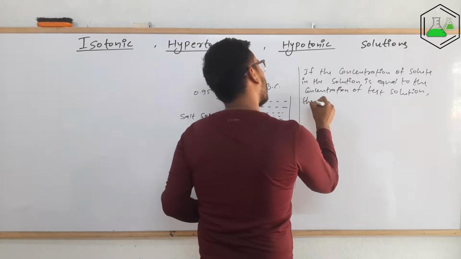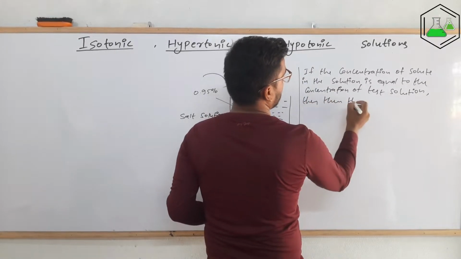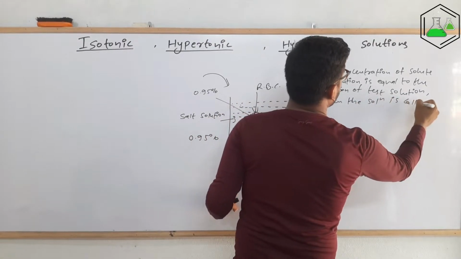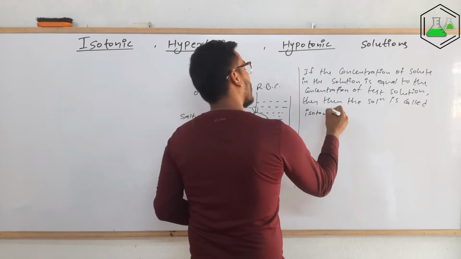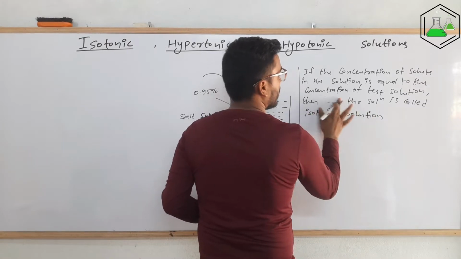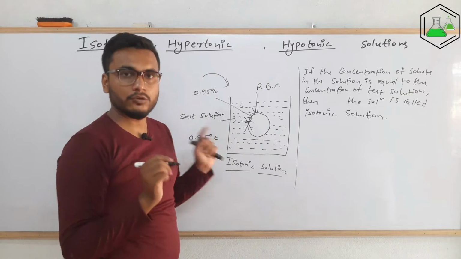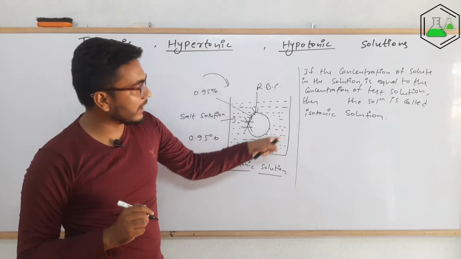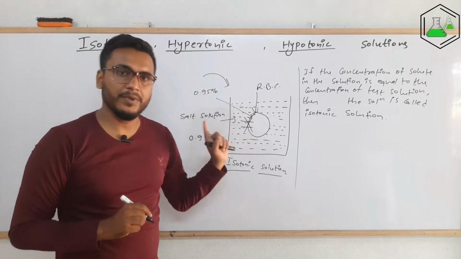then the solution is called an isotonic solution. The reason for that is the concentration of this outside solution is equal to the inside concentration of the RBC.